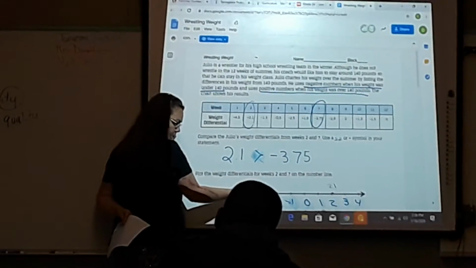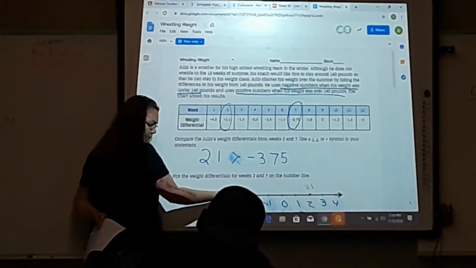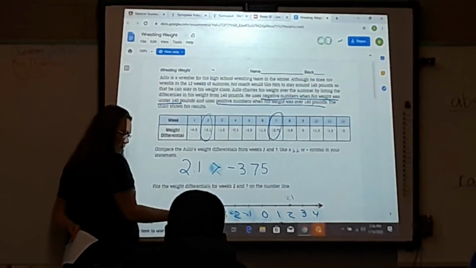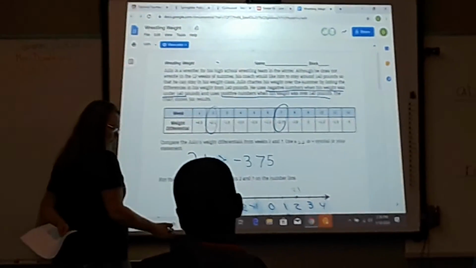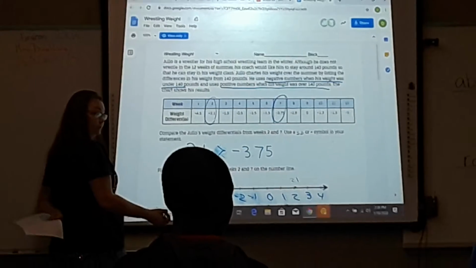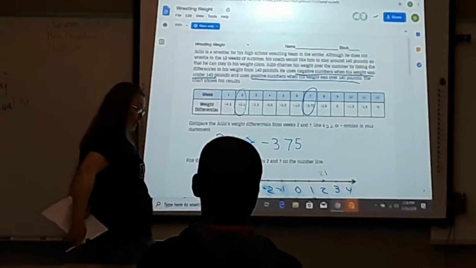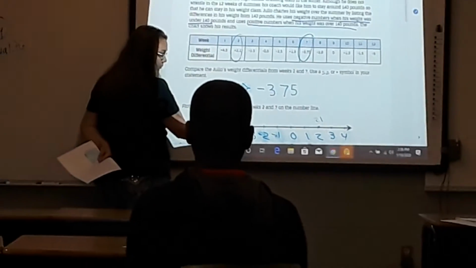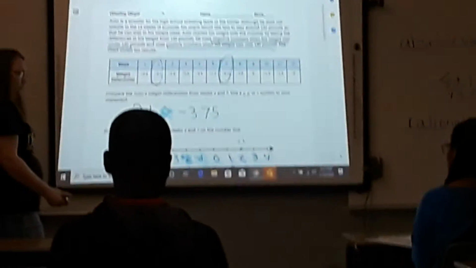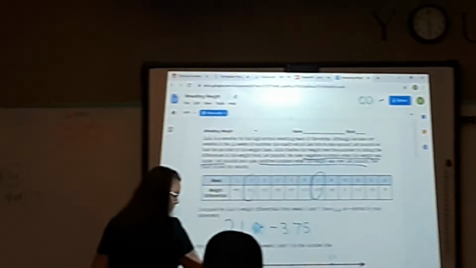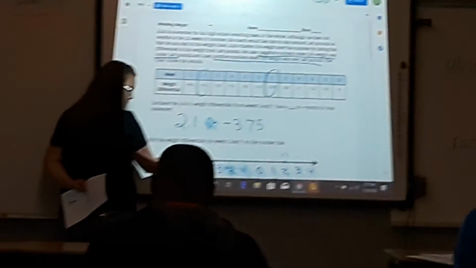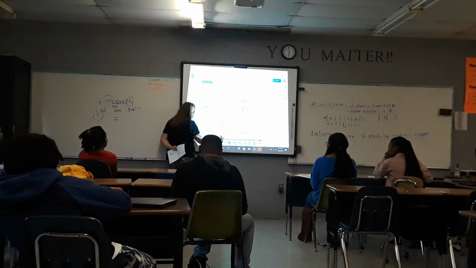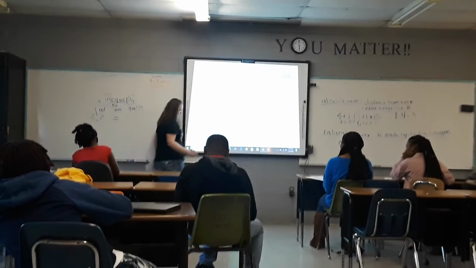I need to break it in half, and then break those in half to make quarters. Which one of those lines do I put my dot on? The third one, going from right to left. So right here is negative 3.75.